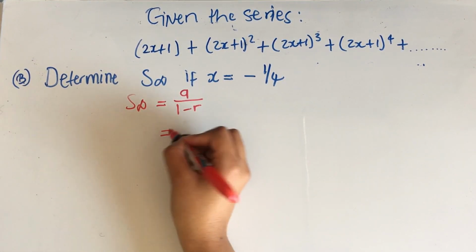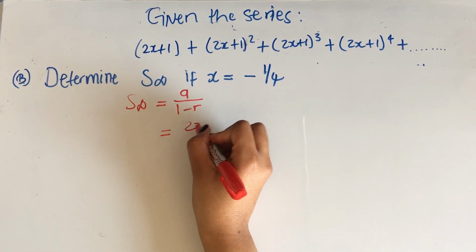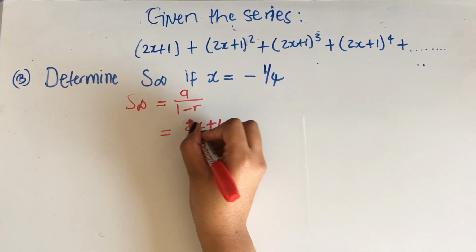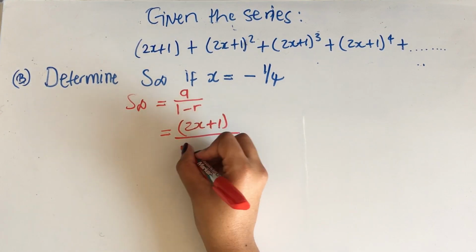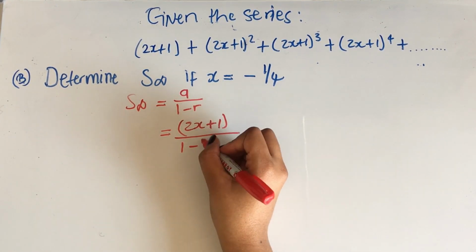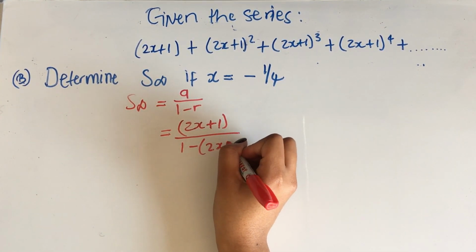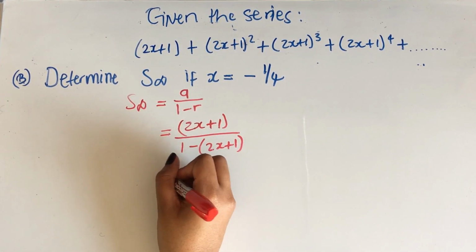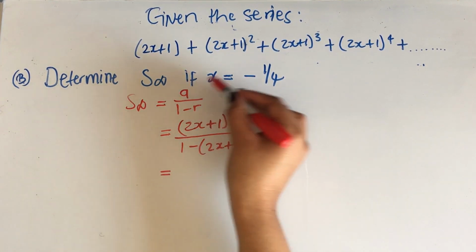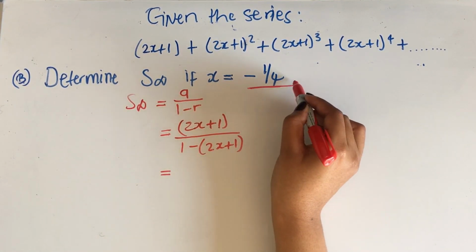Okay, and we know that a, which is our first term, is 2x plus 1, divided by 1 minus, what is our r? Our r is 2x plus 1. Right. Now in this case, we're told that x is equal to negative 1 over 4.